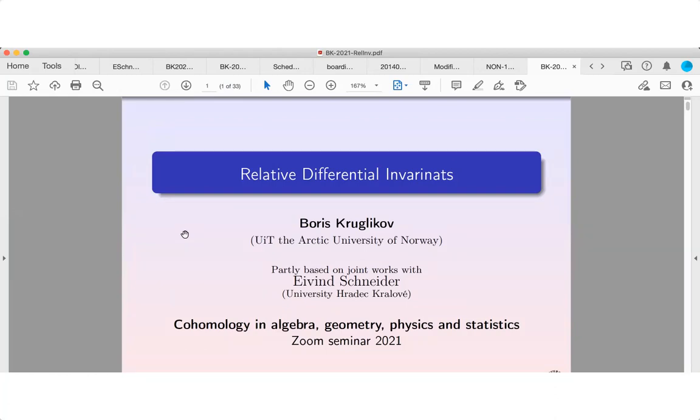Okay, so I'd like to talk about relative invariance as joint or partially joint work with Sabin Schneider. So let me start. The setup is that I have some Lie pseudo group, which means a continuous pseudo group consisting of local diffeomorphisms given by a Lie equation.